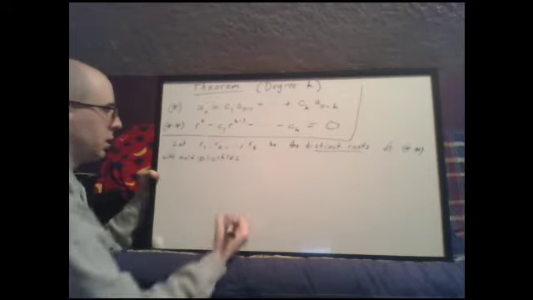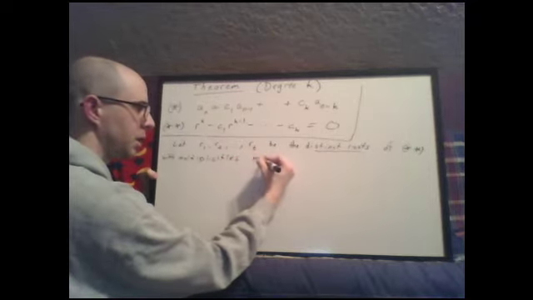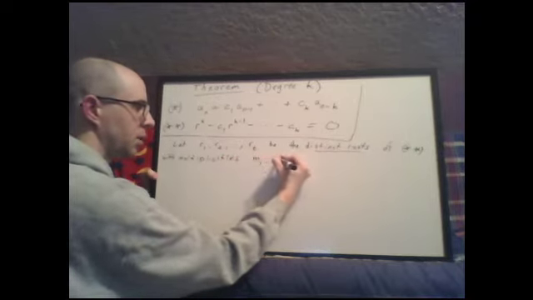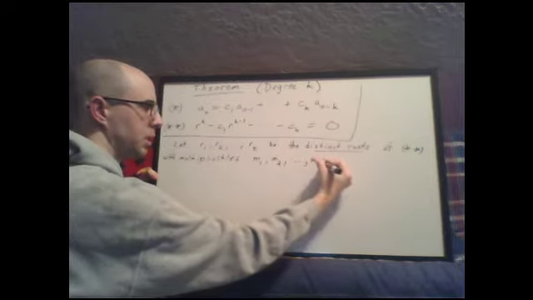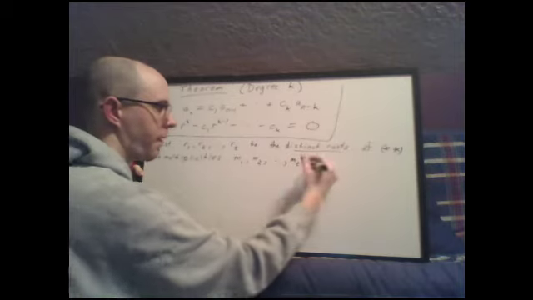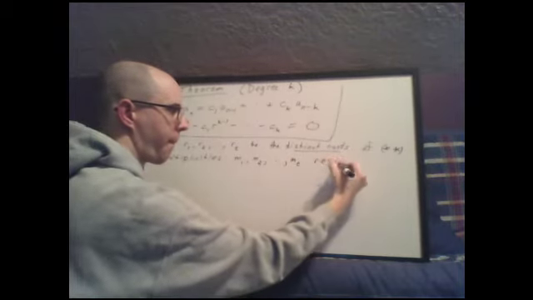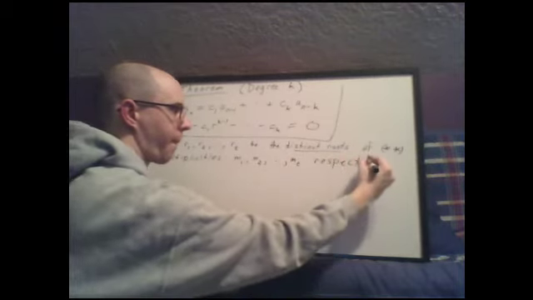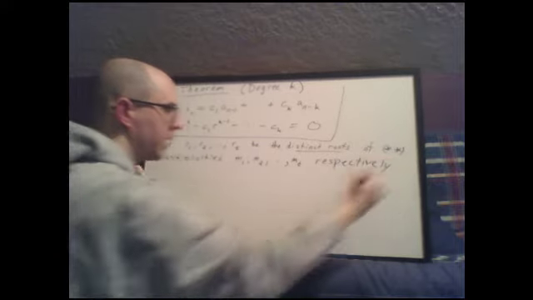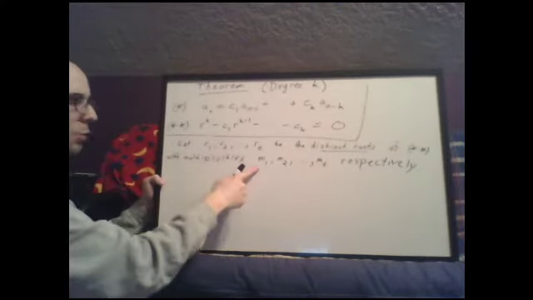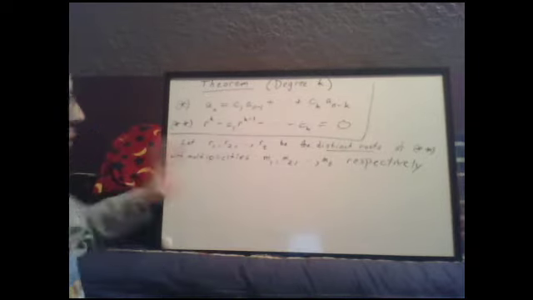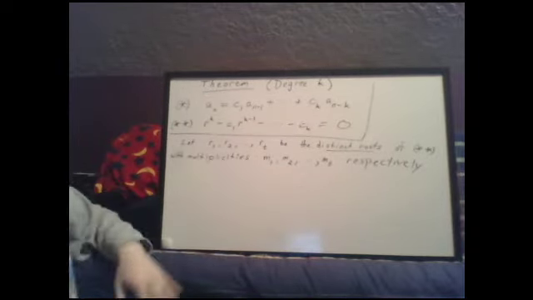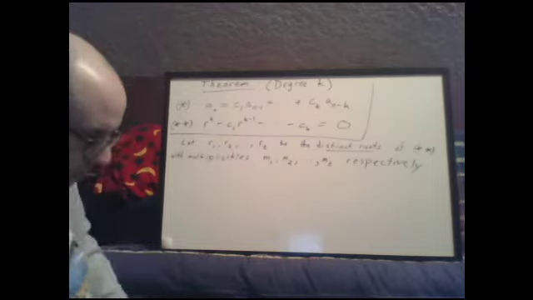I would call these m sub 1, m sub 2, up through m sub t, respectively. Meaning r1 has multiplicity m1, r2 has multiplicity m2, and so on. So most of these are probably 1, but some of them might be bigger whole numbers.